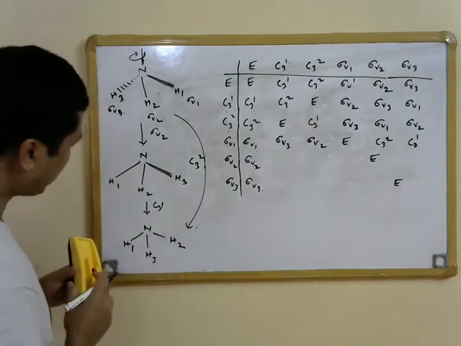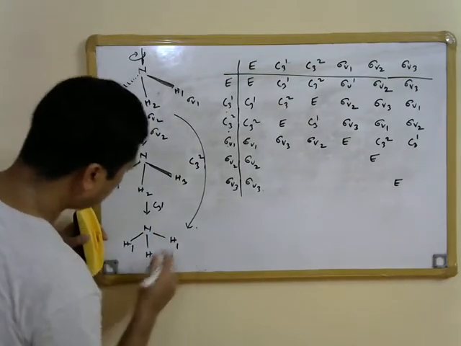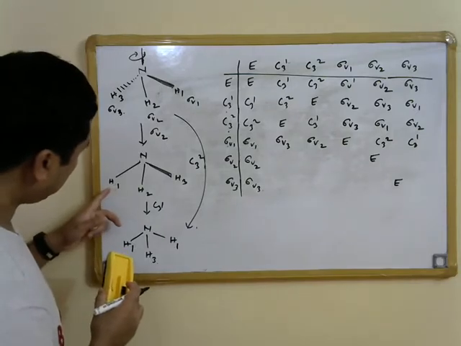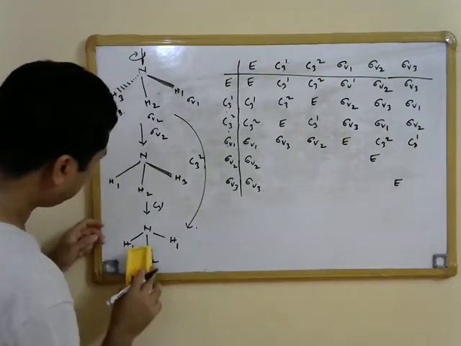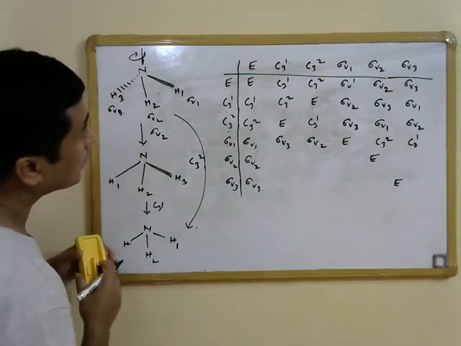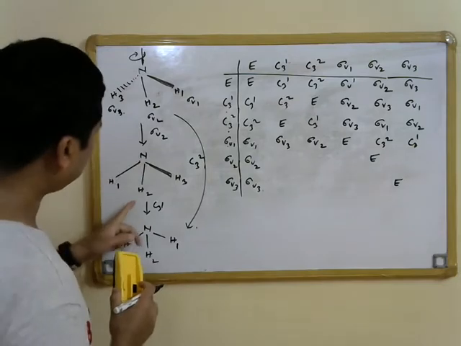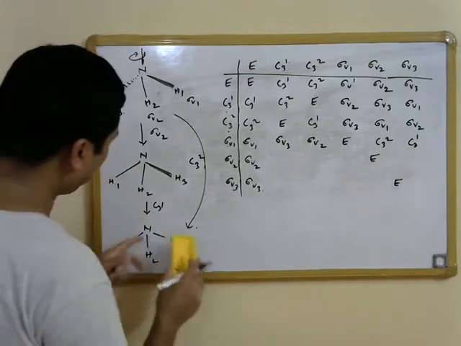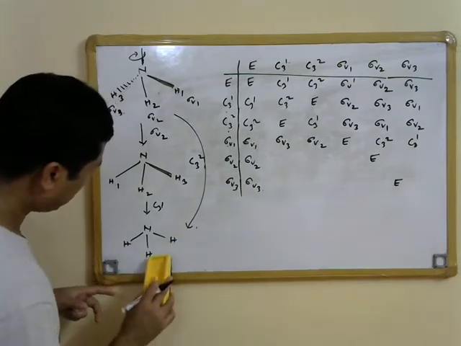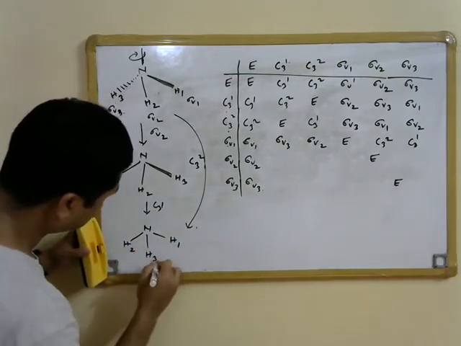And when we do C31, H1 is going to be here, and H2 is going to be here, H3 is going to be here.